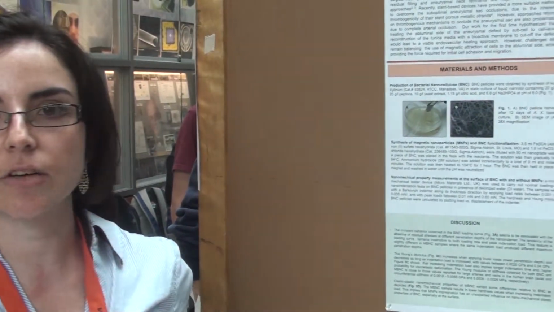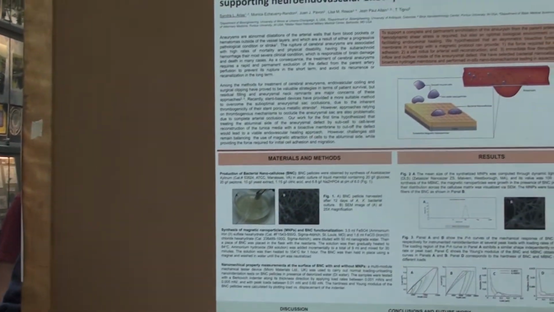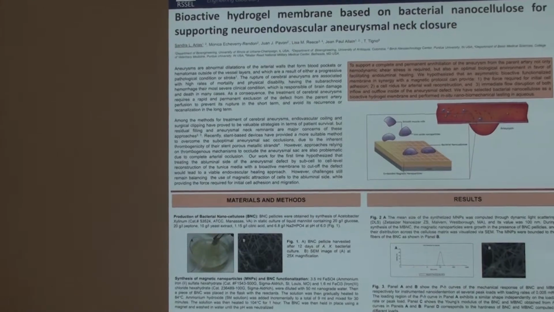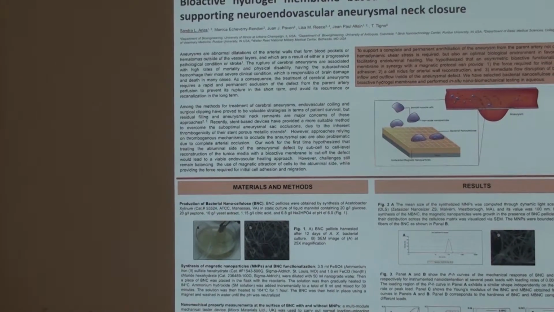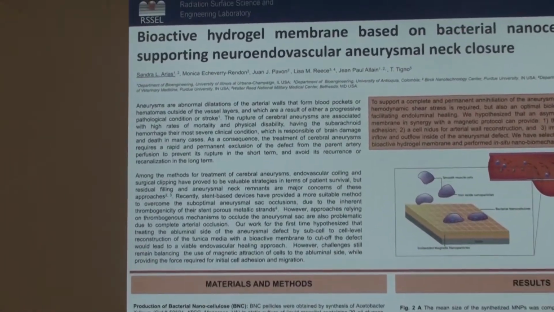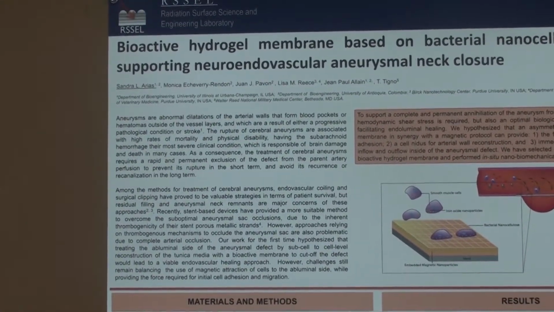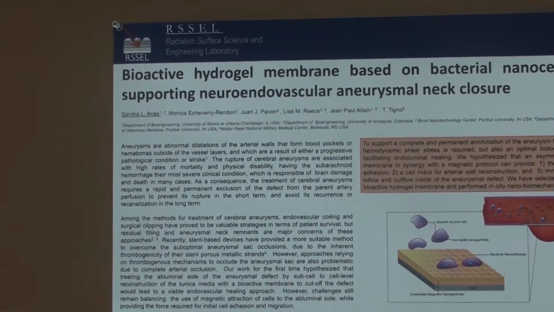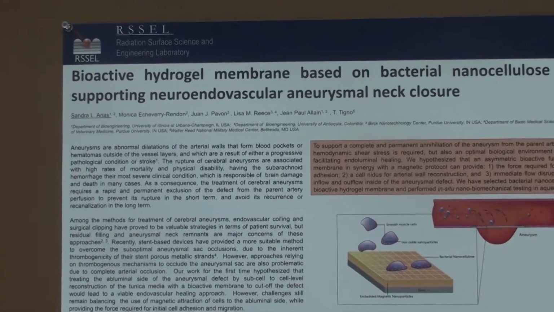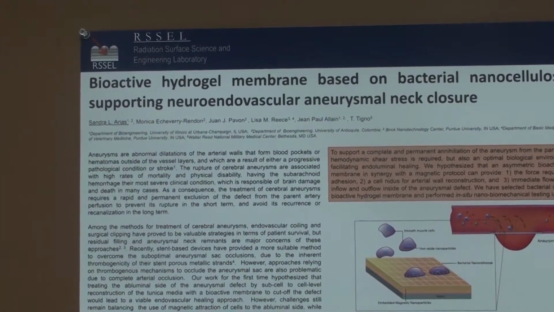Hi, my name is Sandra Arias. This is my poster. I'm presenting a work titled Bioactive Hydrogel Membrane based on bacterial nanocellulose for supporting neurovascular aneurysm neck closure. This project is trying to get a better approach for treating cerebral aneurysms.